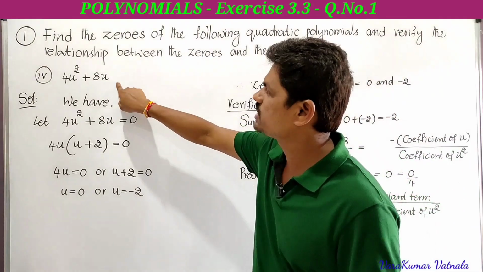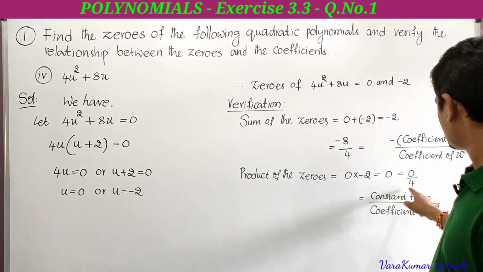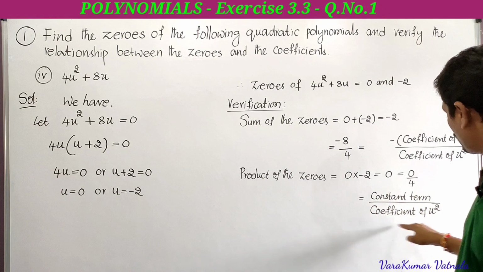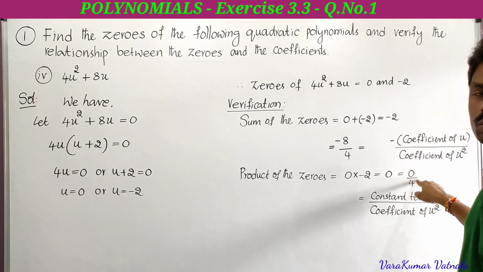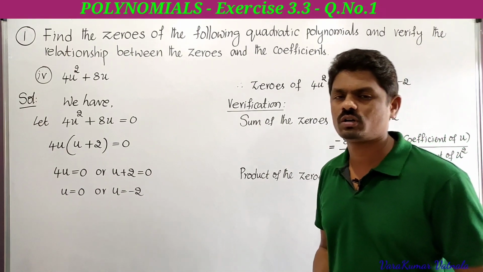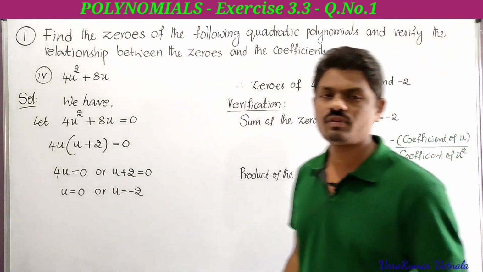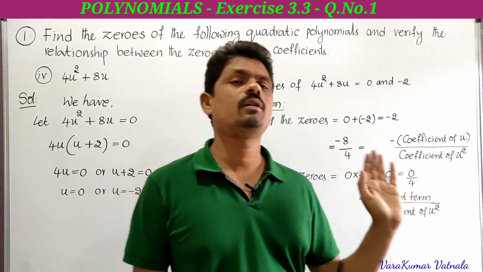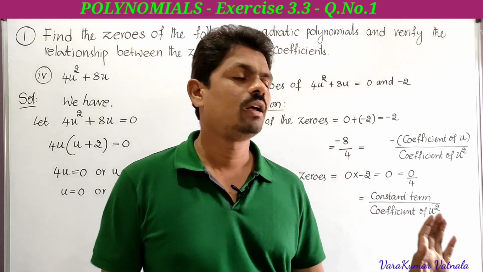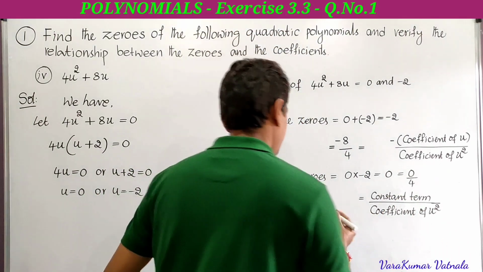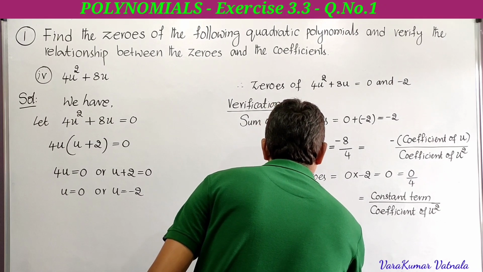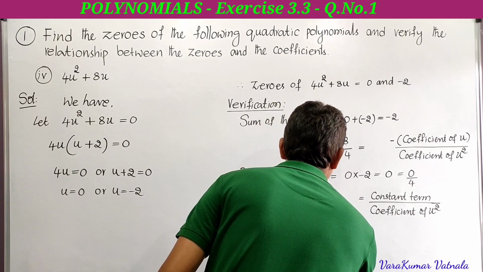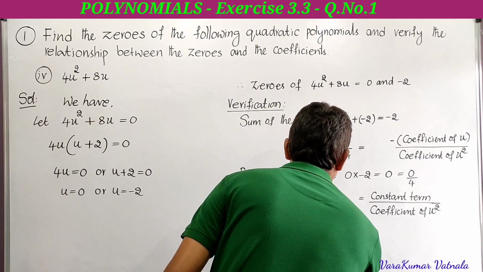Here there is no constant term, so we can write the constant term as 0, and the coefficient of u square is 4. So 0 by 4 is also 0 only. Like this we can verify the product of the zeros is equal to constant term divided by coefficient of u square. So therefore verified. We have verified the relationship between the zeros and the coefficients.